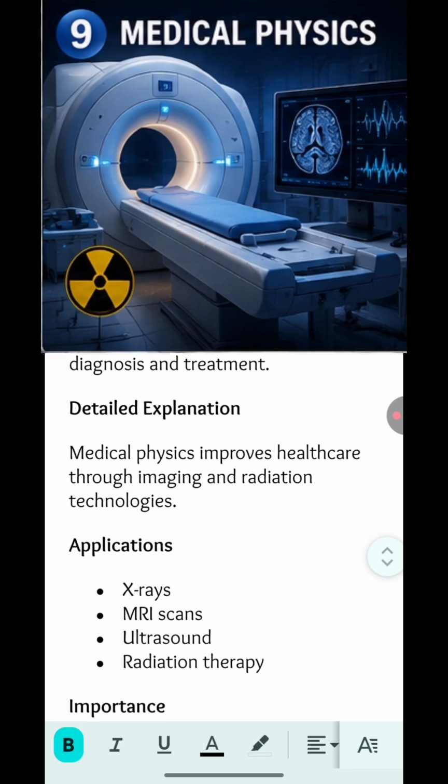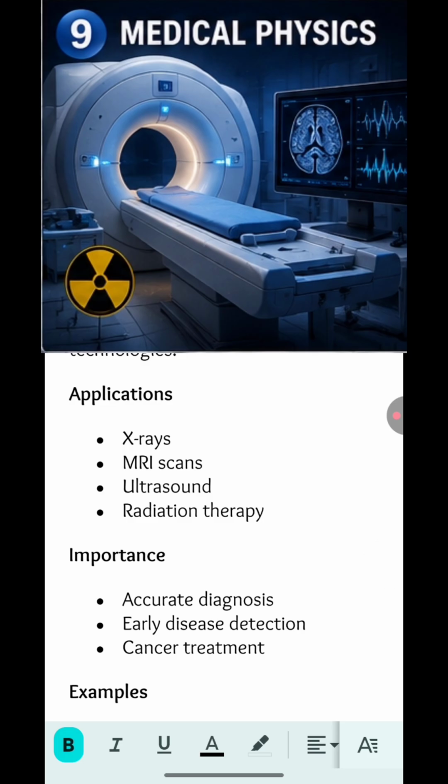Whenever you go to hospital, they definitely do some tests. In the tests there may be the following applications of medical physics: X-rays, MRI scans, ultrasound, radiation therapy, etc.